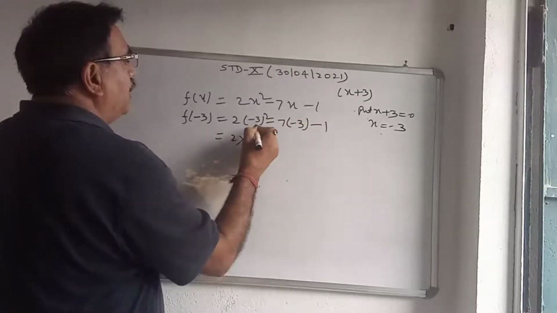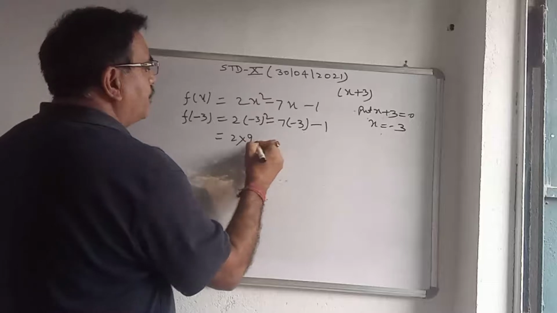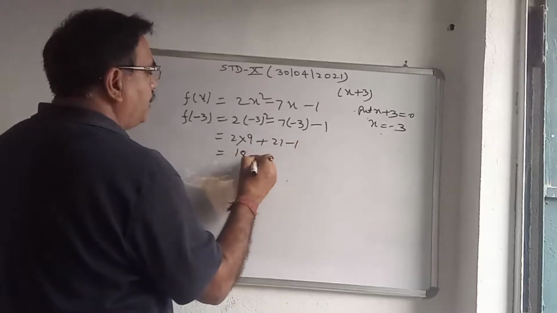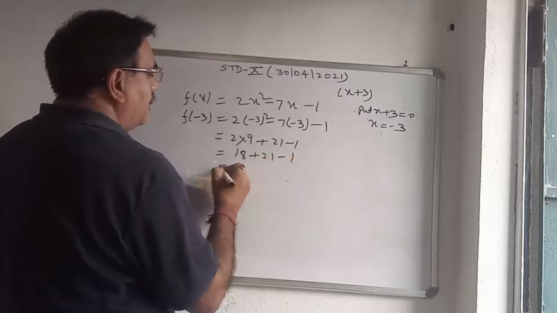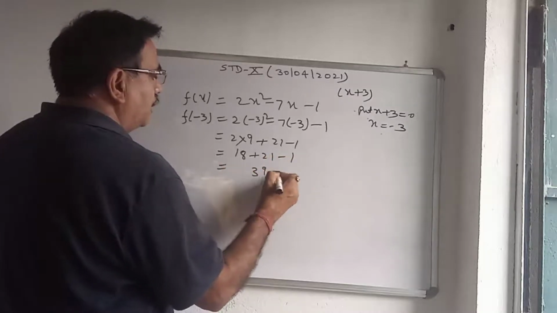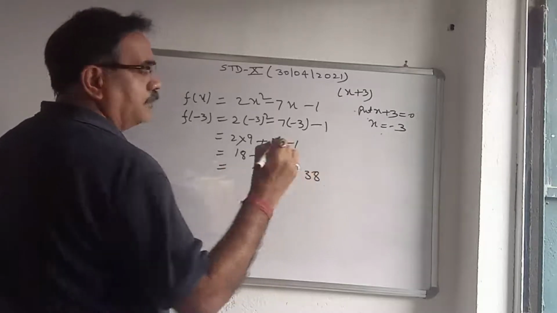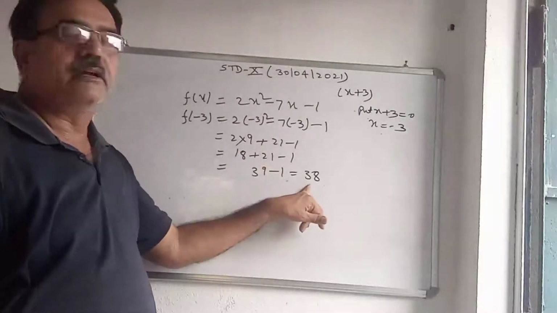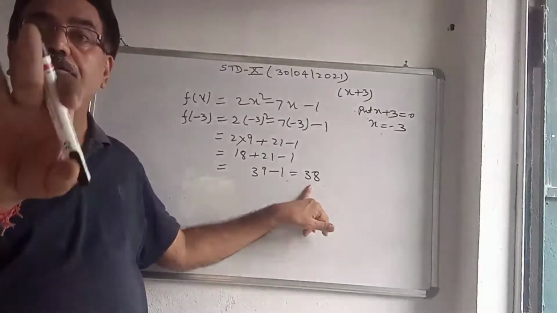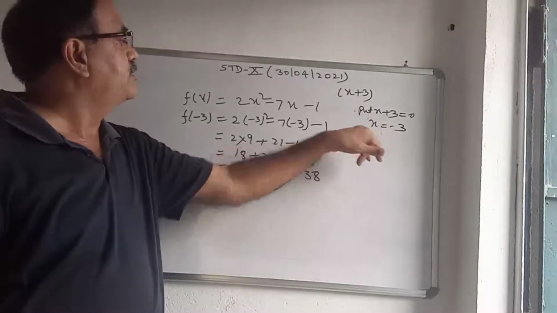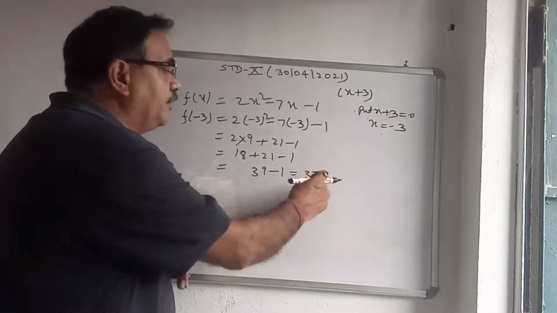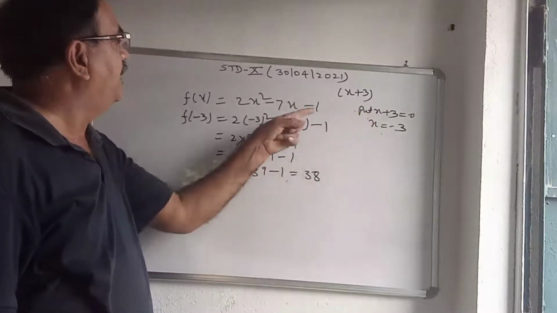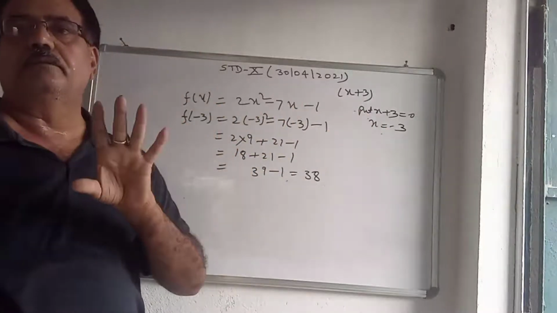This is 2 times 9, this is plus 21, this is minus 1. 18 plus 21 minus 1 is 39 minus 1, which is 38. So 38 is the remainder. If by putting x equal to minus 3 it comes 0, it means x plus 3 is a factor of this polynomial.